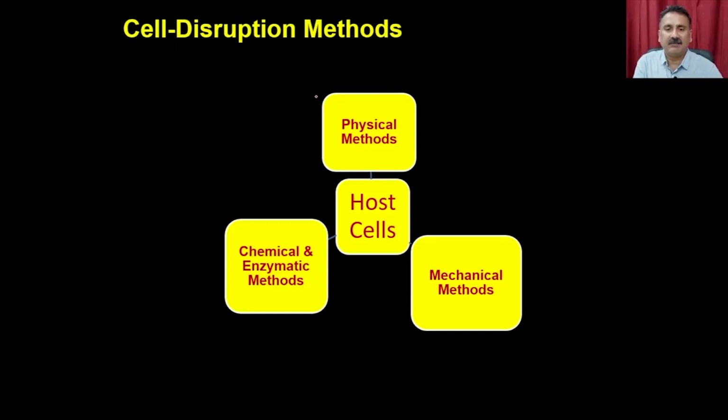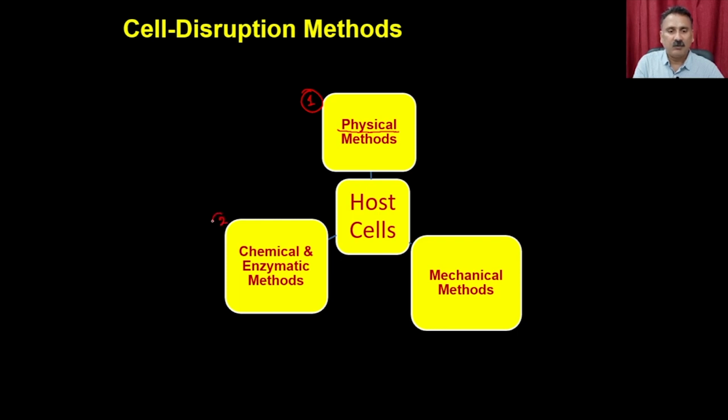Depending on this, you can have three different types of methods. You can have the physical method, where you vary the physical parameters, and that eventually leads to the lysis of the cells.